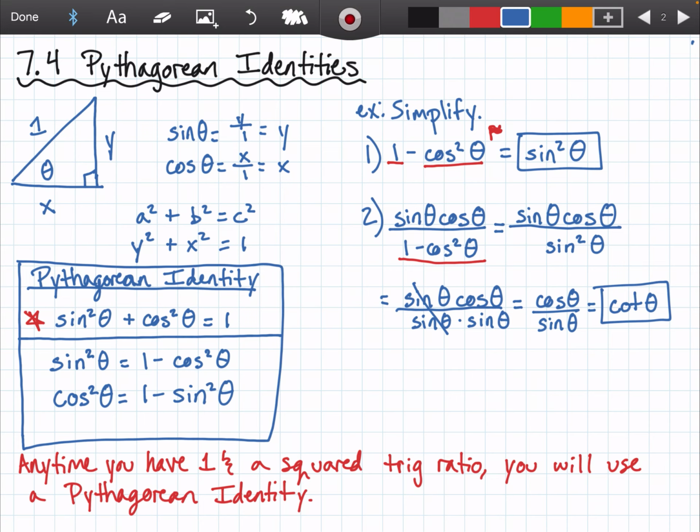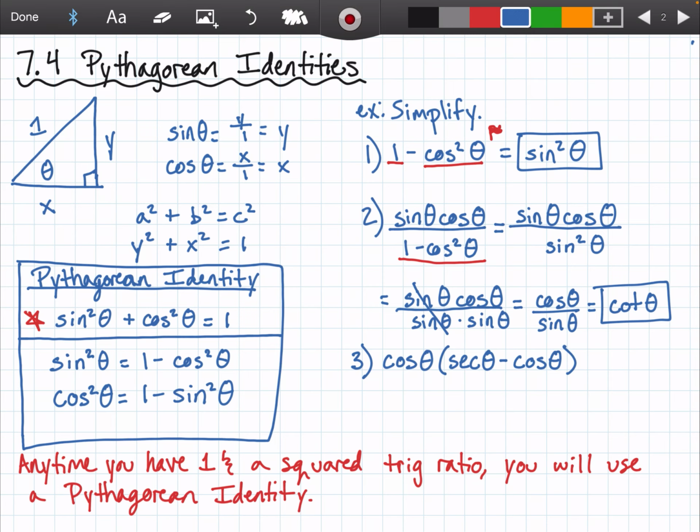Let's do one more. Let's do cosine theta times secant theta minus cosine theta.